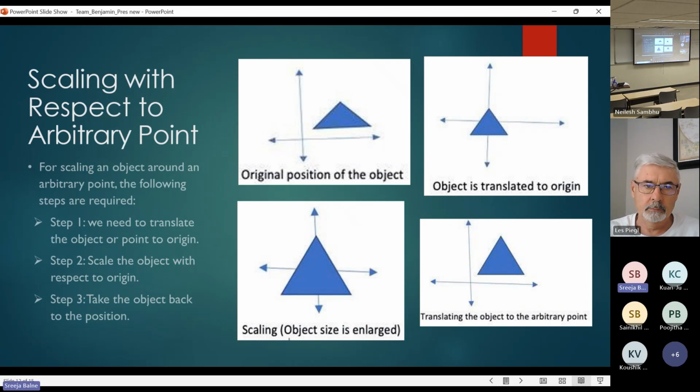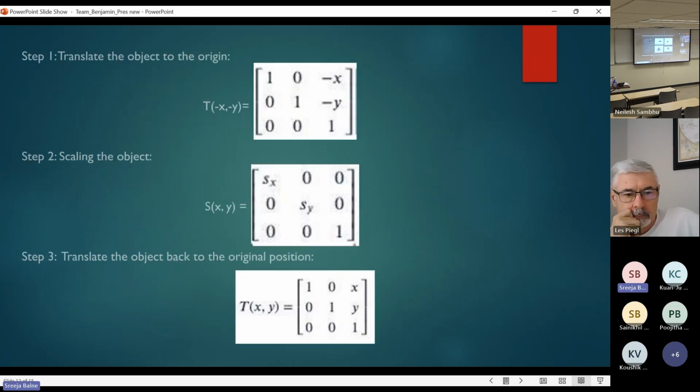Now coming to scaling with respect to an arbitrary point. Here also, as in the previous rotation, this is the original position of the object. Then we need to translate it towards the origin. And then we enlarge or scale the object. Here we have enlarged it, or we can generally diminish it also. Then the object is moved to its original position, and this shows the final overall affected plane.